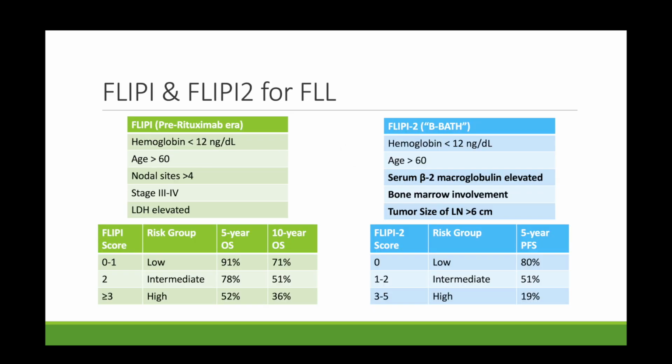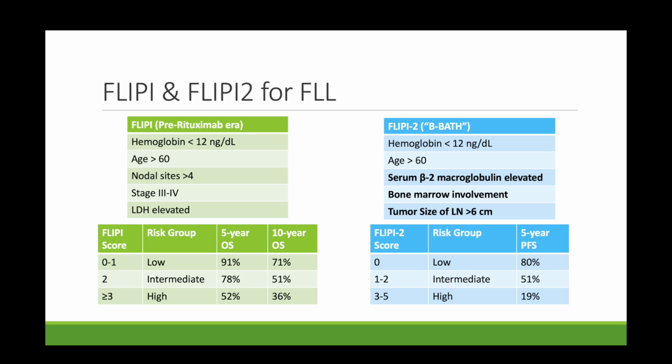For follicular lymphoma, the International Prognostic Index is called FLIPI, so it's just the follicular lymphoma IPI. And so the original FLIPI score was created in a pre-rituximab era, and it included things like hemoglobin level, age over 60, more than 4 nodal sites, stage 3 to 4 disease, and elevated LDH.